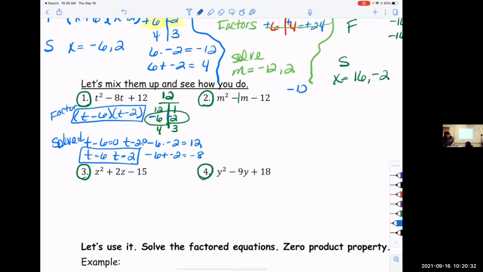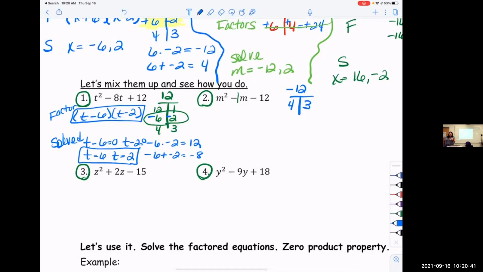So -12, what are the factors that give me 4 and 3? I was going to say, y'all have done it, go with me. Now, what kind of one do I want? Negative, so king of the hill needs to be negative. So let's check it. -4 times 3, -12. -4 plus 3, -1.